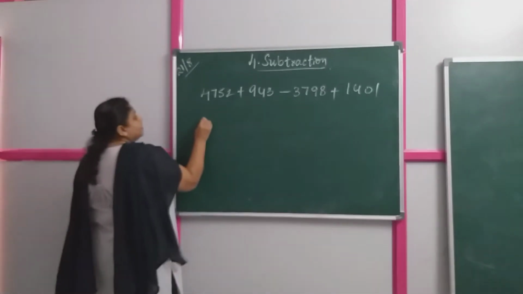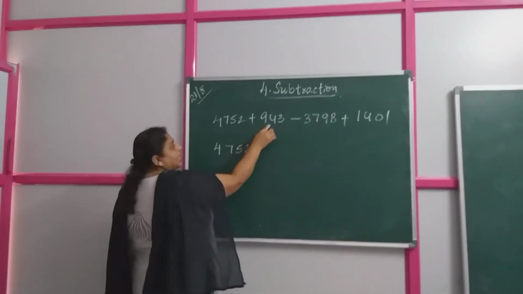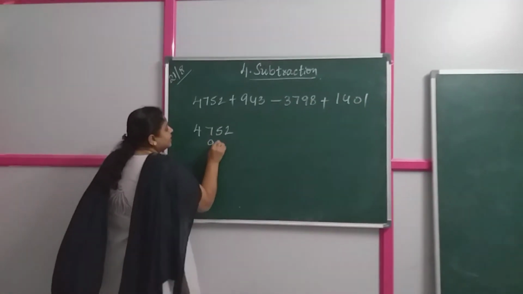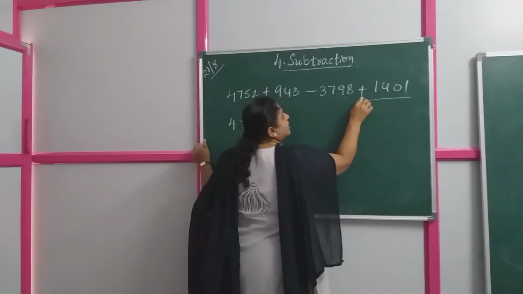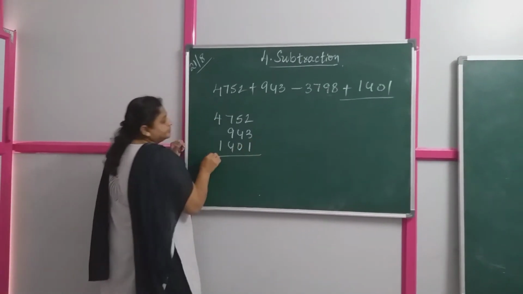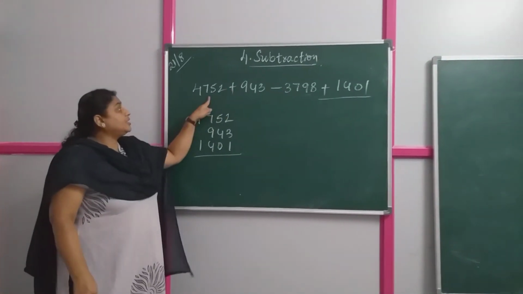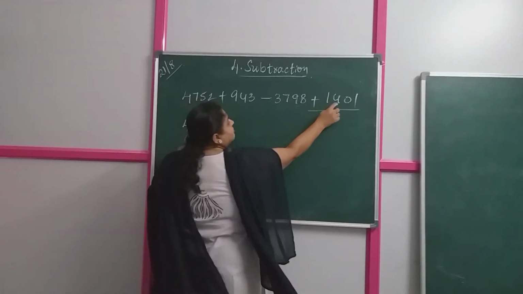Now let us take 4752. Then to that we are adding 943. Again we should add, because it is having plus, 1401. We need to add these numbers. I have arranged it.